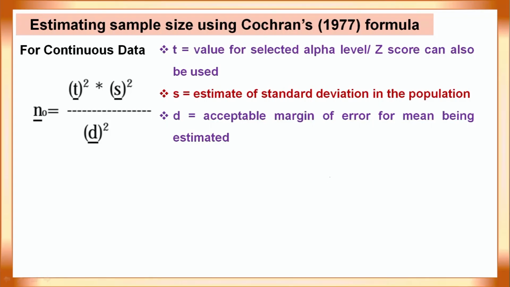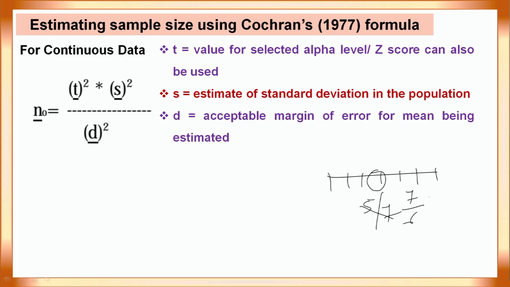If you are using a 7-point scale, 3, 4, 5, 6, 7, this is the mean point, and on this side 3 standard deviations and on that side 3 standard deviations, so total 6. That will be 7 by 6.